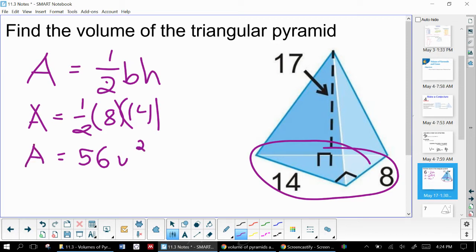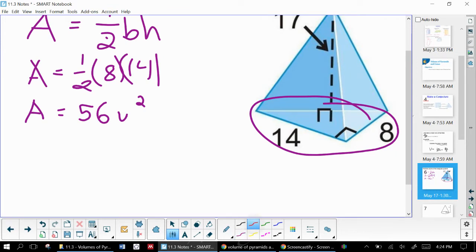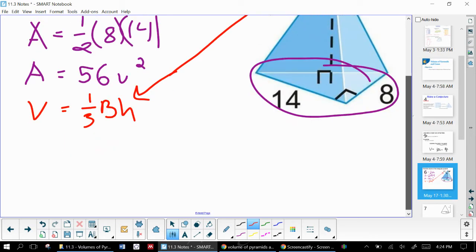Next up, we just have to put that into our volume formula. And so our volume formula for a pyramid is just going to be 1/3 the area of the base times the height. Now this height is the height of the pyramid. That's the 17 here. Don't get that mixed up with the height of the base. So we have our volume.